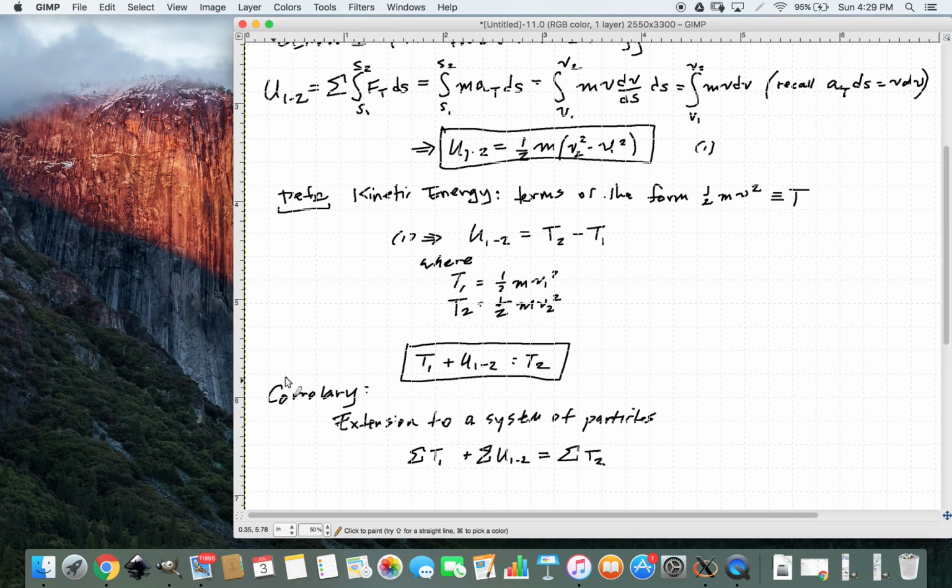And what's interesting is that this seems to say that work is equal to a change in energy. And I want you to think about whether that notion actually makes sense. We'll pick up with that in the next video.